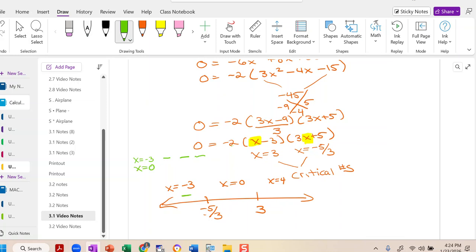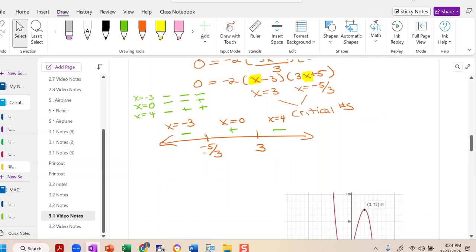X equals 0, you start off with -2, but then you have -3, and then you have +5. So negative, negative, positive is positive. X equals 4, you have negative, positive, positive, so it's negative.